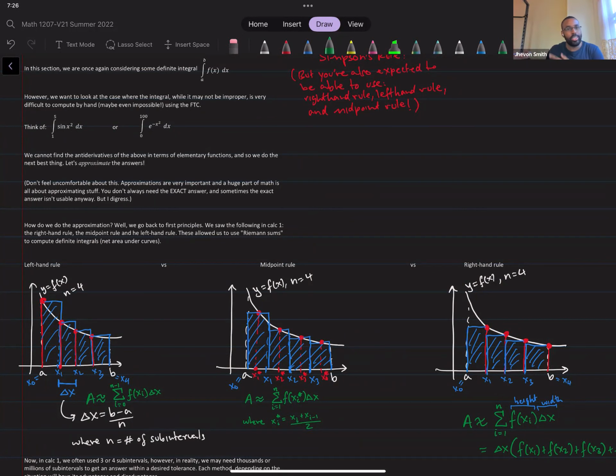But there's going to be a way for you to approximate it and get as good an approximation as possible. And so in this chapter, I'm going to teach you 2 additional ways of approximating areas under the curve. I do expect you to remember the ways that you did in Calc 1, which is why I reviewed them. But now I'm going to teach you 2 additional ways.